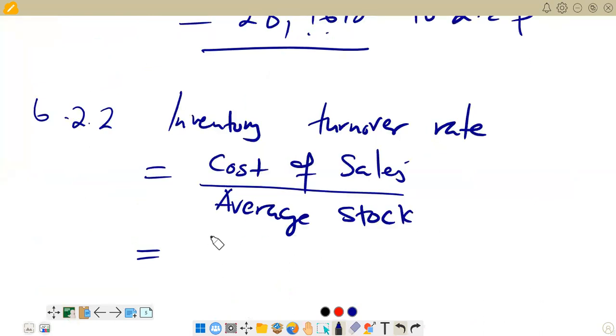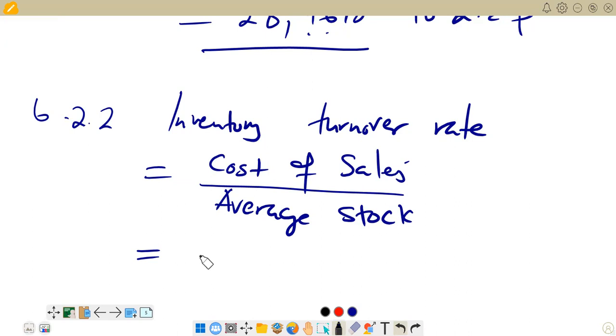Right. So we are now saying cost of sales. Our cost of sales, we found 992. We can try to show how you arrived at 992,000. So you can present it in the form that we say here.